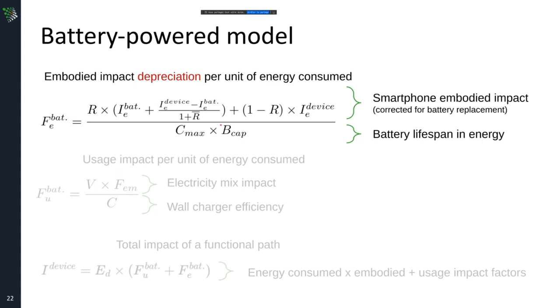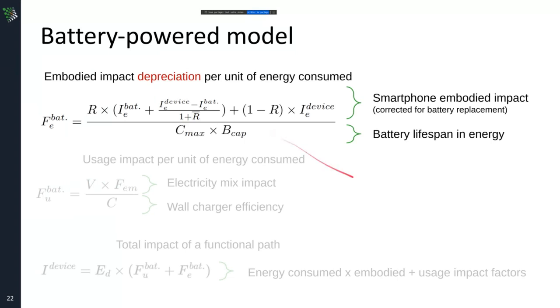So, for instance, if you know that your battery will be dead in 100 battery cycles, you can estimate the lifespan of your device in terms of energy. How much energy can I draw for my device before the battery dies? So that's regarding the manufacturing impact. This gives us an impact factor per unit of energy consumed.